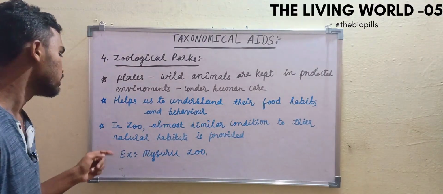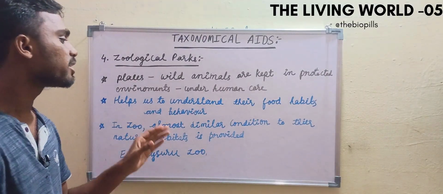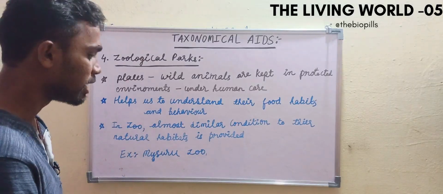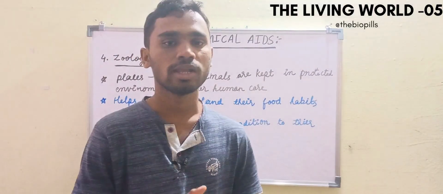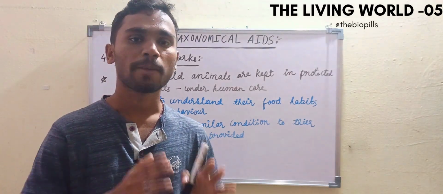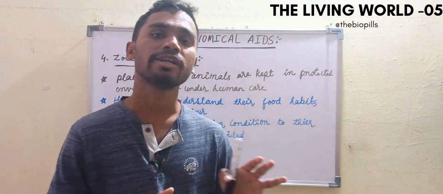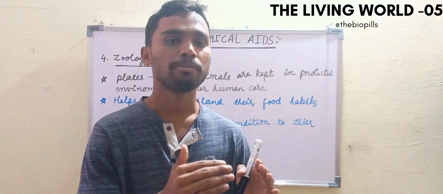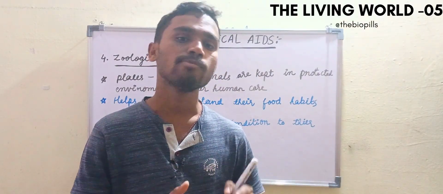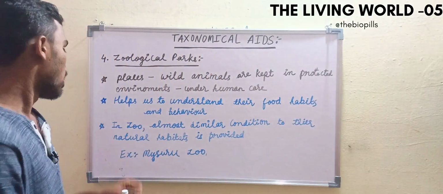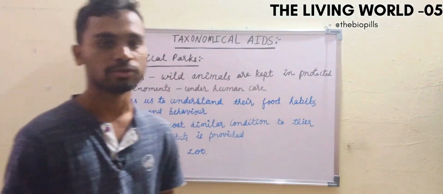Another point is that in a zoo, conditions almost similar to their natural habitats are provided. The management provides conditions similar to natural habitats, not exactly, but they try to give almost natural conditions. One example is Mysore Zoo.